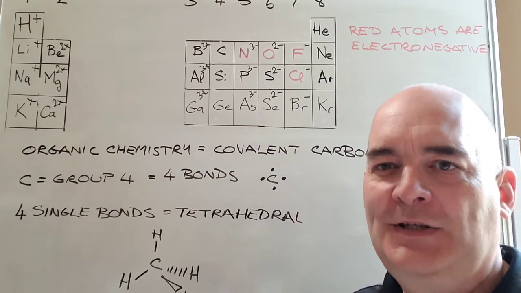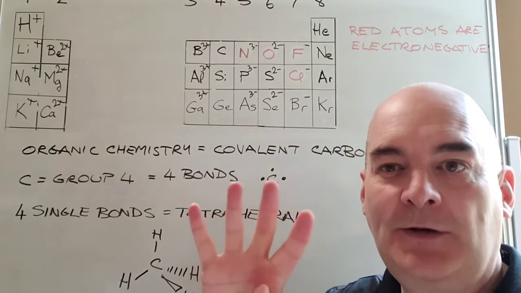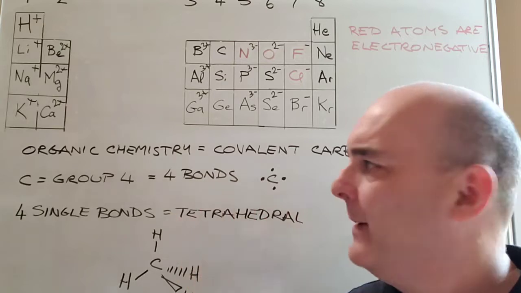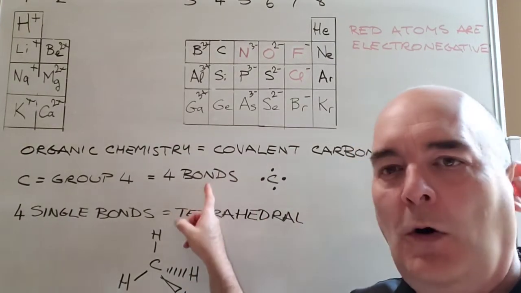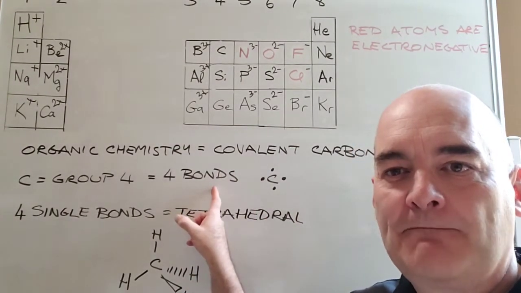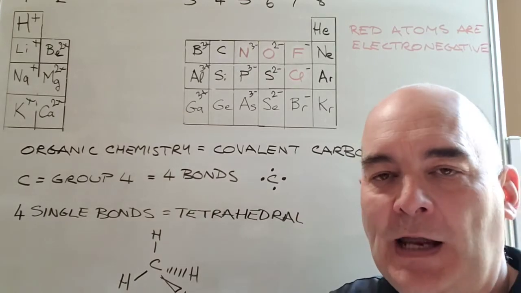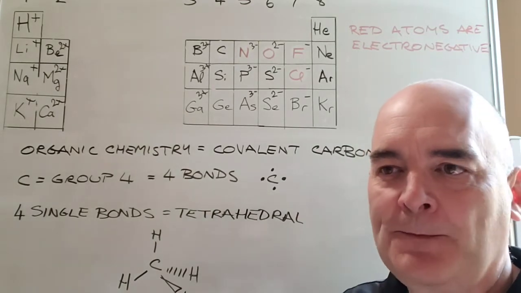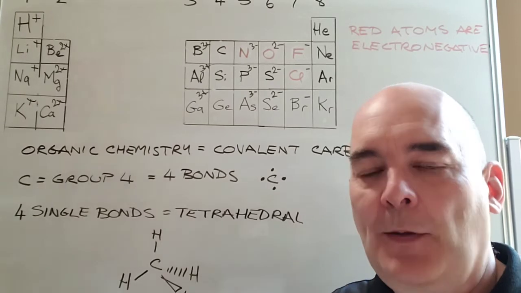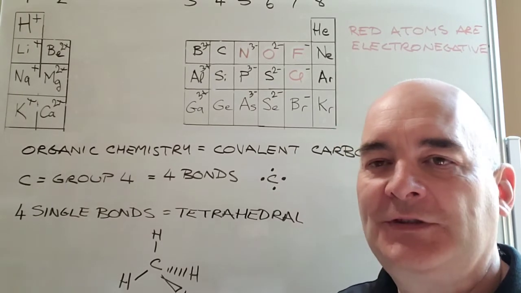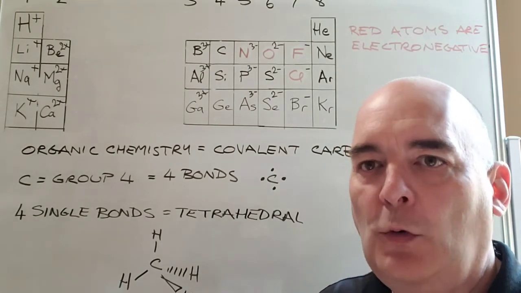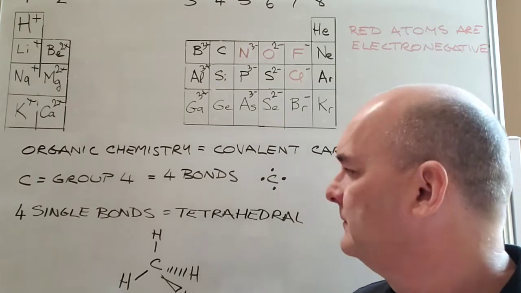So if carbon has 4 electrons unpaired that it can share, that means that carbon always makes 4 bonds. This is a very convenient and very strict rule for us, that in all of the complexity of everything that we're about to see, carbon will always have 4 bonds.